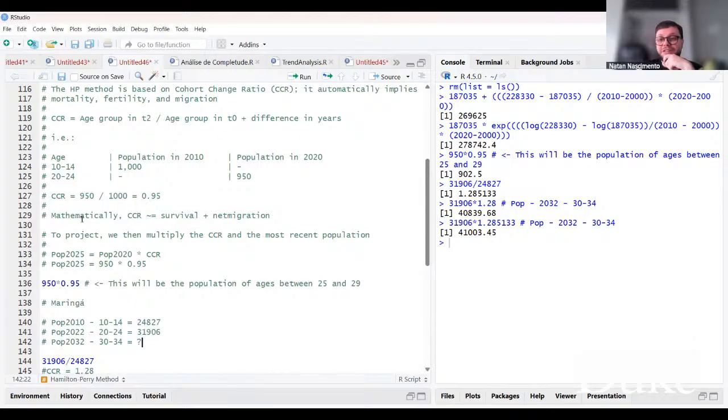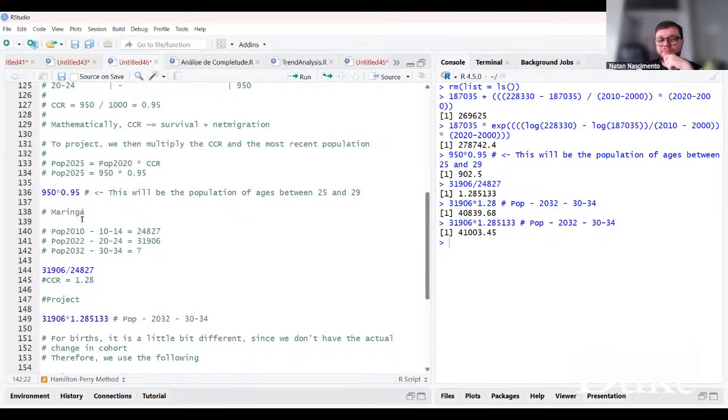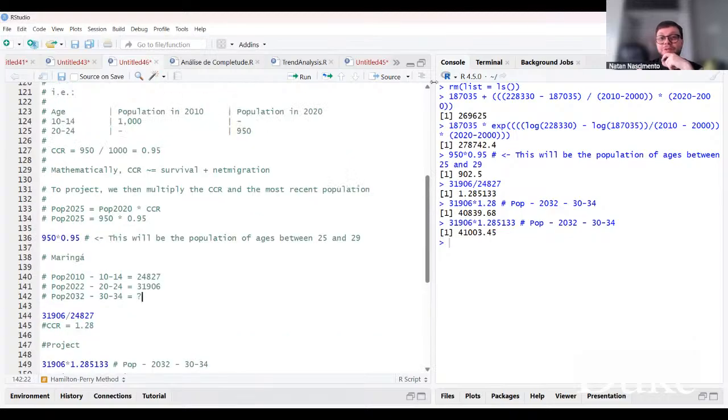How do we project something like that? Does anyone have an insight of how? Birth expectation, but how do we create a birth expectation? It's based on what?